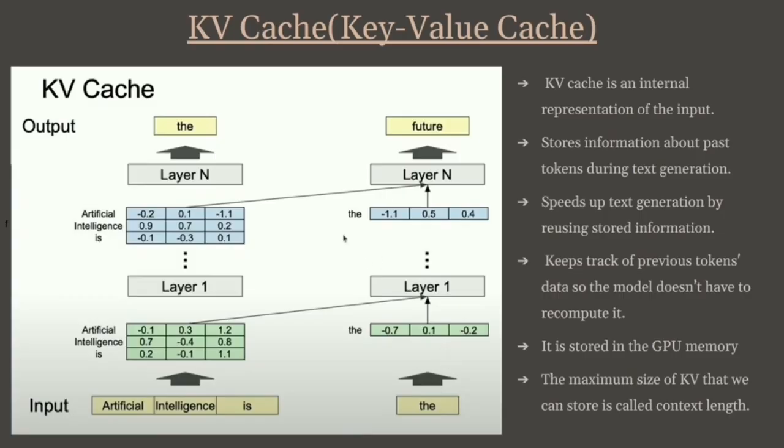We can see here, first it generated the KV cache for our input, which is the keys and values for "artificial intelligence is", and then it generated the next token using this key value cache, and we gave the current token's keys and values to generate the next token, which is here, "future". So that's what KV cache is all about. When we want to generate the next word, the model uses these saved keys and value pairs instead of recomputing everything.